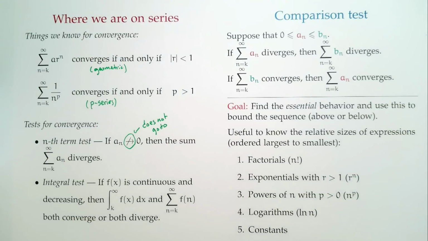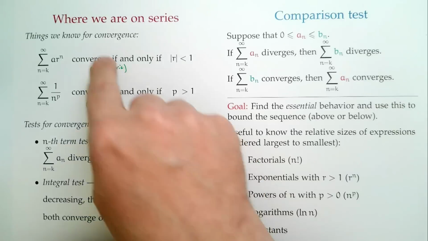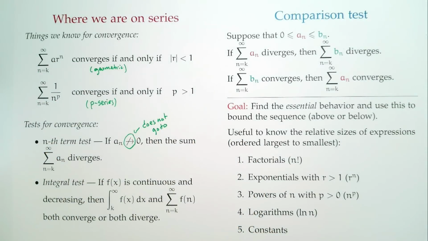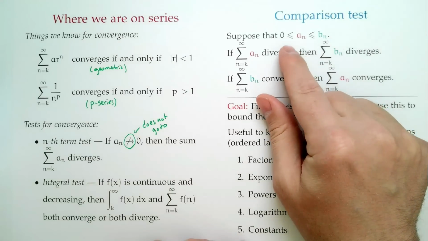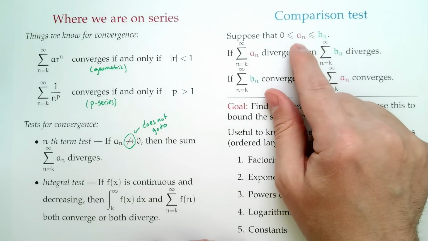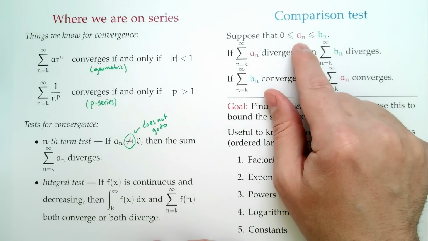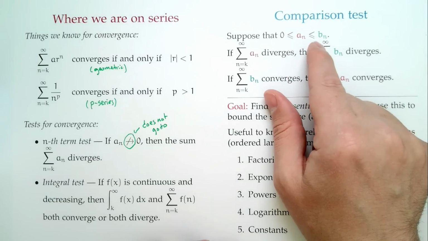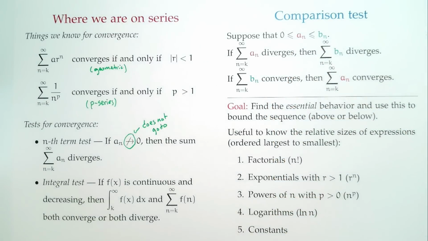So what does the comparison test say? It says, let's compare a series to something that we already know about. And by the way, these are examples of series we already know about. How does it work? Suppose we have two sequences, a n and b n, and a n is less than or equal to b n, and both of these are non-negative.